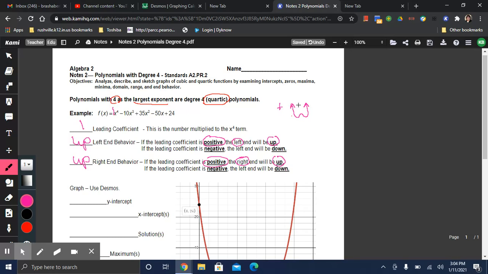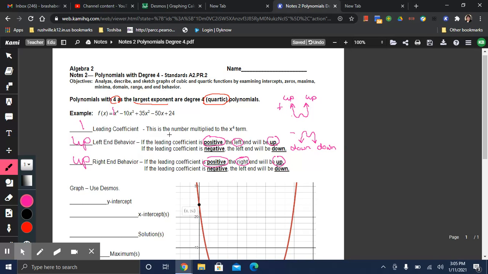If your graph has a negative leading coefficient, then your graph might do some curving, but both ends will be down. So down and down.